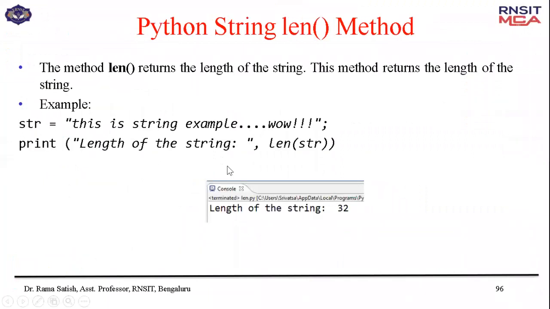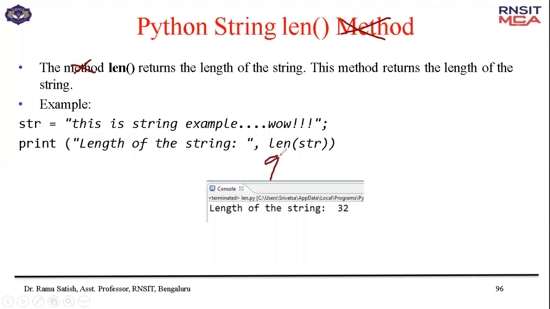You also have len. Len is not a method, it's a function. I'm sorry, I've written it wrong here. You know why it is a function? Because this is a built-in function.